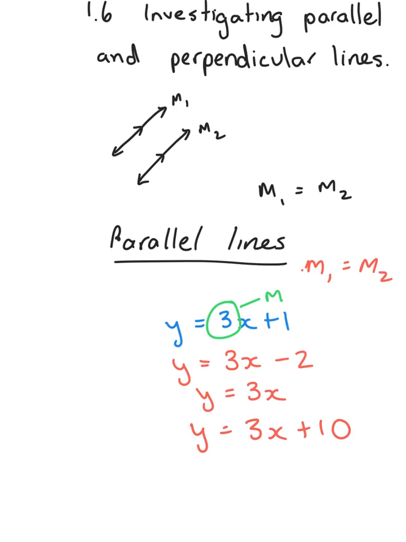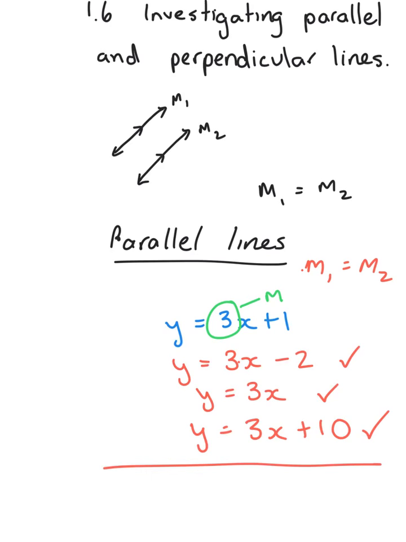Y equals 3x minus 2, it would be parallel. Y equals 3x is parallel. Y equals 3x plus 10 is parallel. Why? Because they all share a gradient of 3.